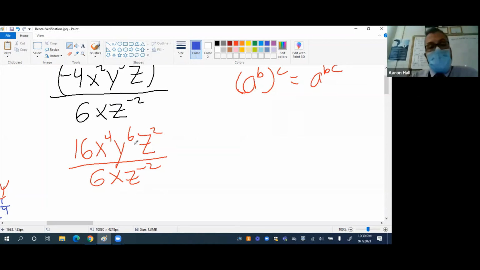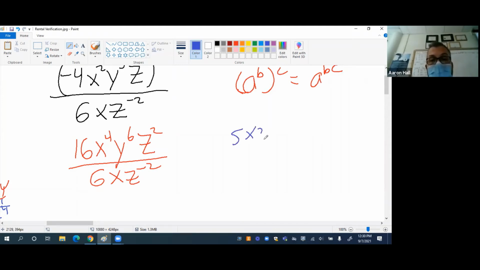Here, I don't know if this is helpful, but because of the commutative property, 5 times 3 is the same thing as 3 times 5, the order in multiplication doesn't matter. The order for addition doesn't matter either. For subtraction and division, the order does matter. That's where we get a little bit confused.